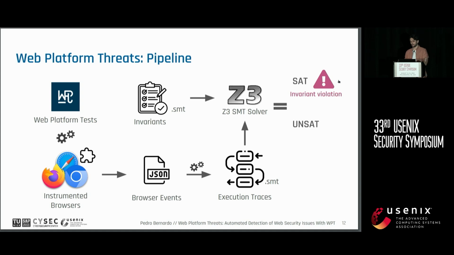We then lift these events to execution traces in SMT. On the other hand, we encode our invariants as logical implications in first-order logic, and we then use an SMT solver to find violations in these invariants.